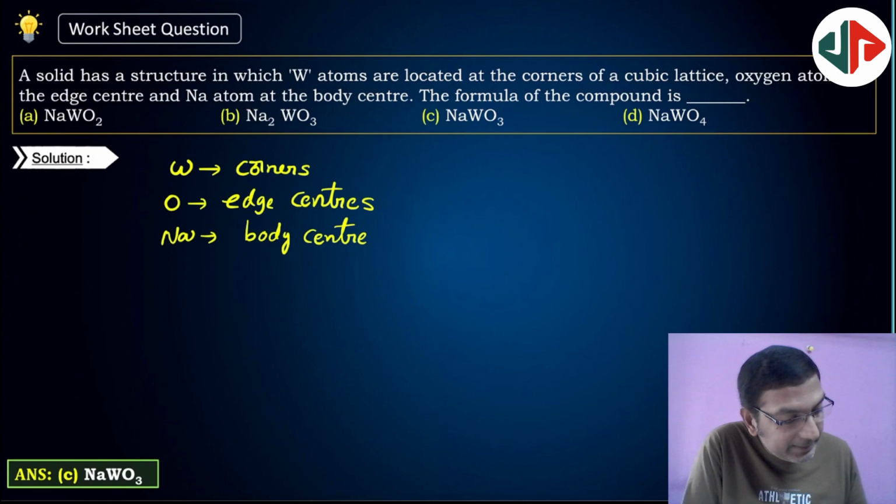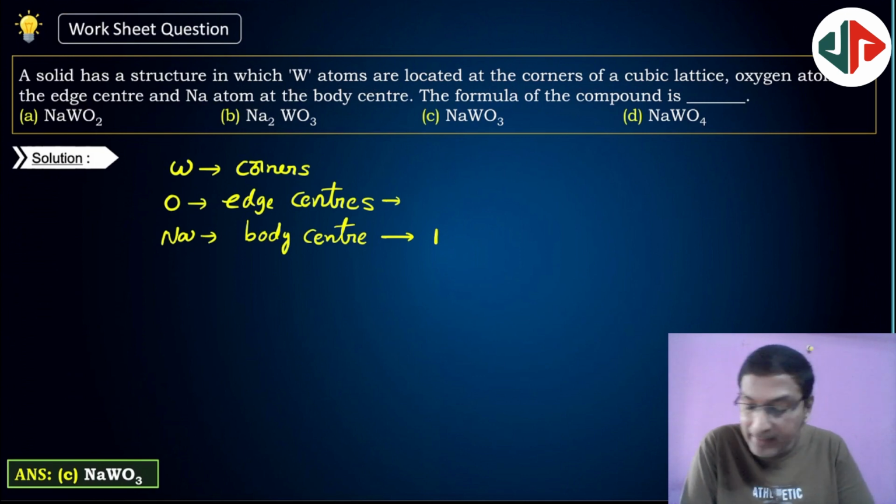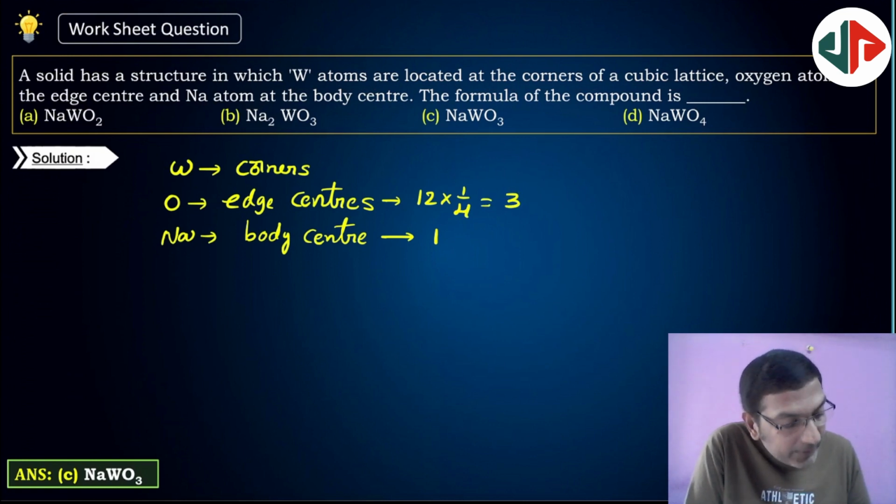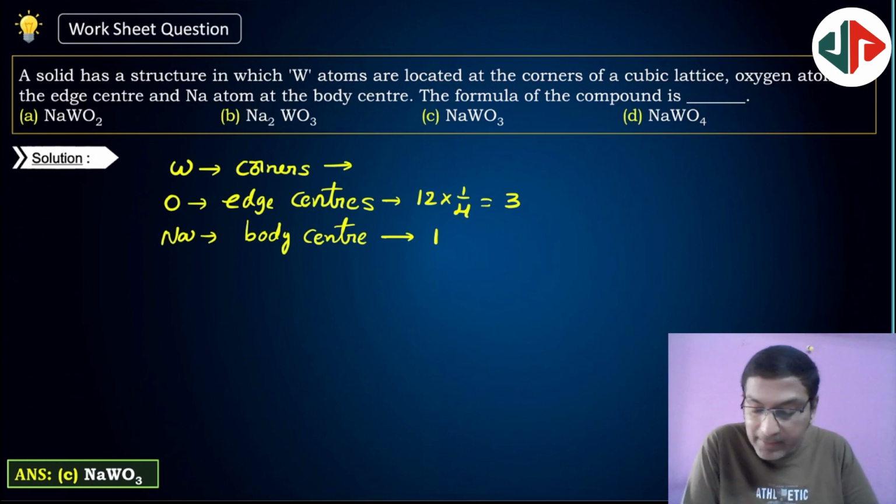That means the sodium is present at body center means only one atom is present, body center atom. Next, O atoms are present at edge centers. So we have 12 edges. 12 edges means 12 into 1 by 4 contribution. Therefore, 3. Next, W atoms are located at corners.